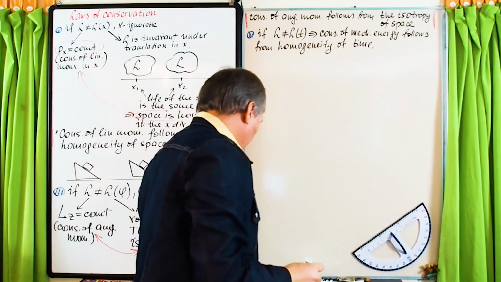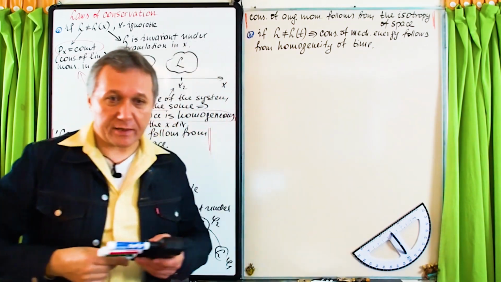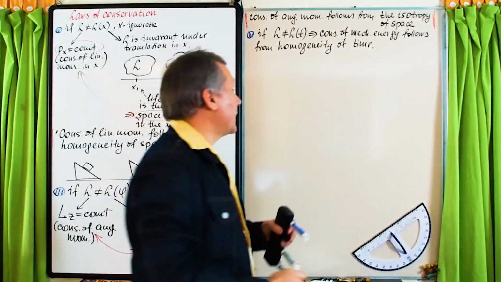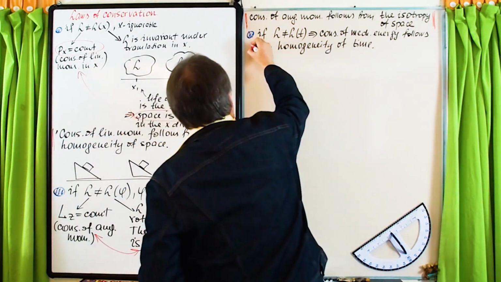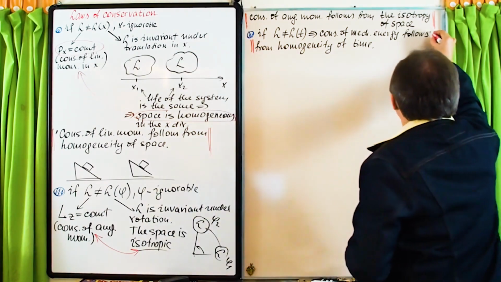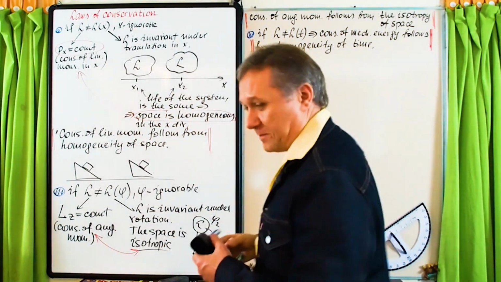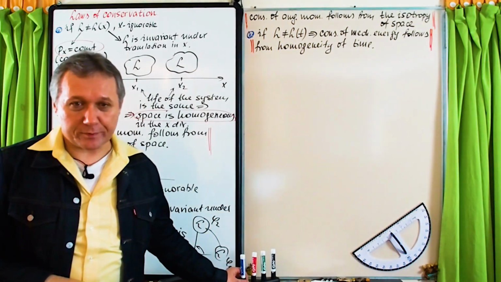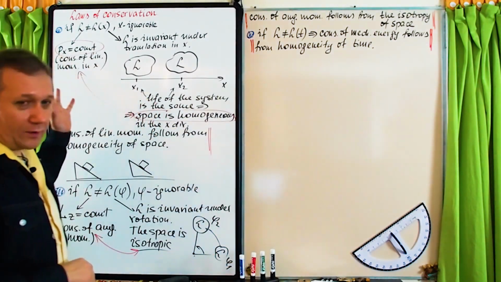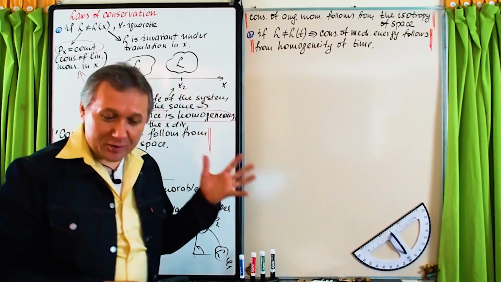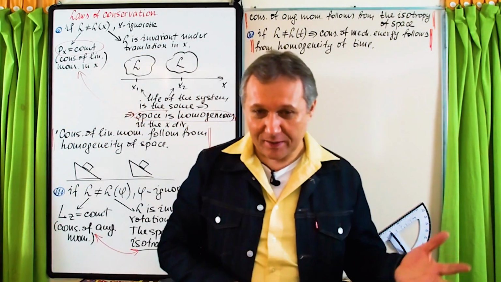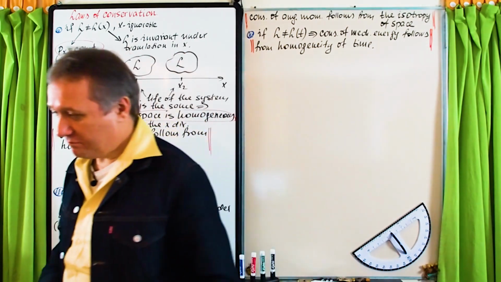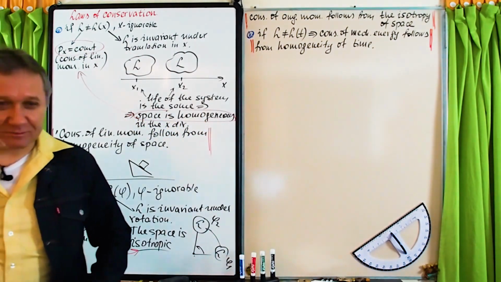Okay, so now let me frame it. But again, the last piece we're not going to justify, neither justify nor prove. So I usually state it, and the proof will be in the graduate level course. So all laws of conservation are the consequences of properties of space and time. Sounds very lofty.